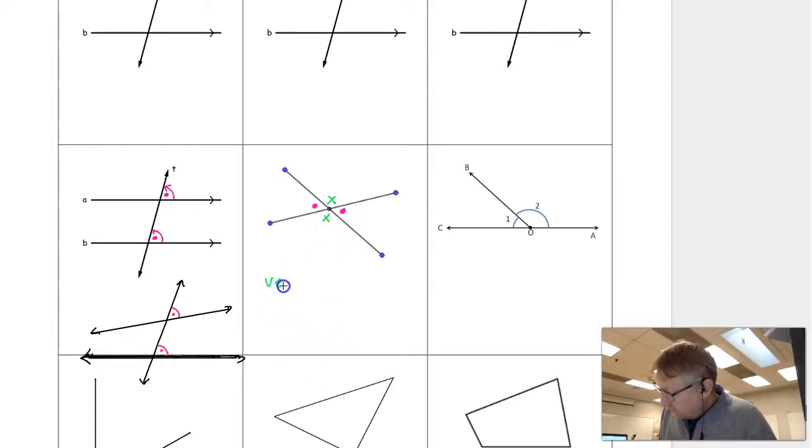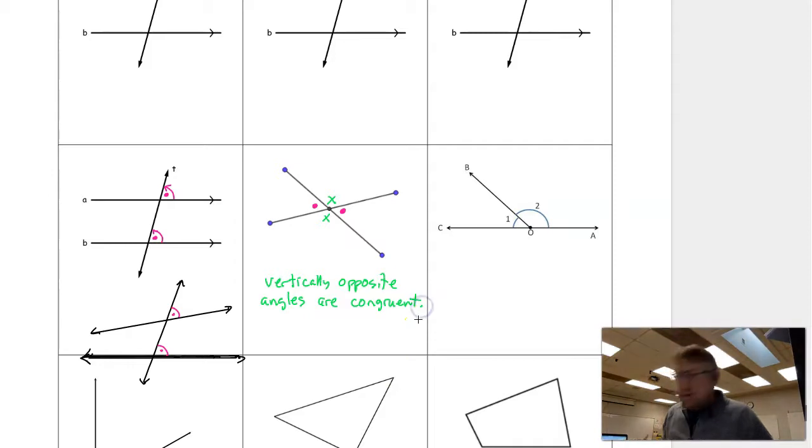The official title of this one is vertically opposite angles are congruent. That's the way you say it in math land. These pink angles are called vertically opposite each other.